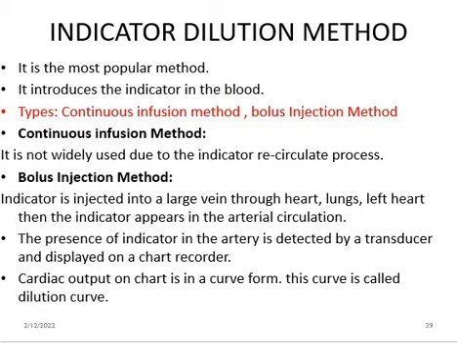Continuous infusion is not widely used. The reason is that indicators are recirculated, and it is very difficult to get the precise, accurate value, because the concentration of the indicator will go on increasing in continuous infusion.